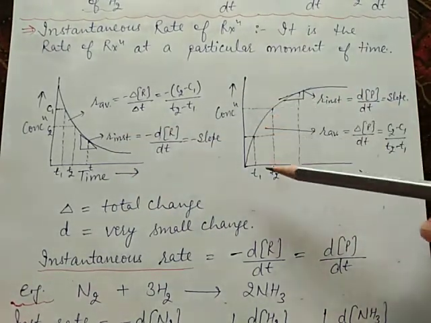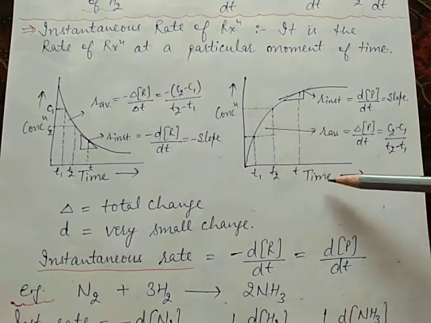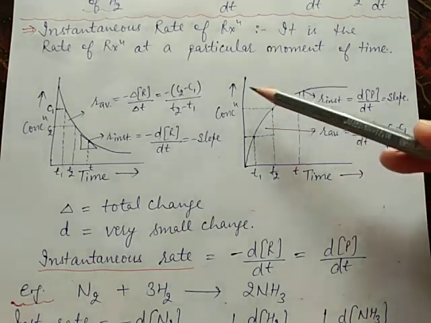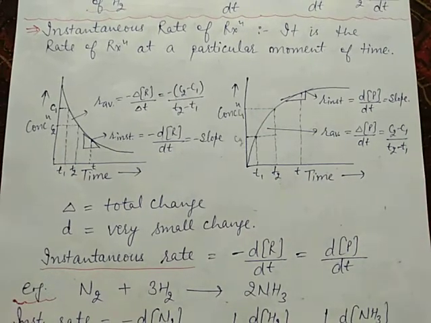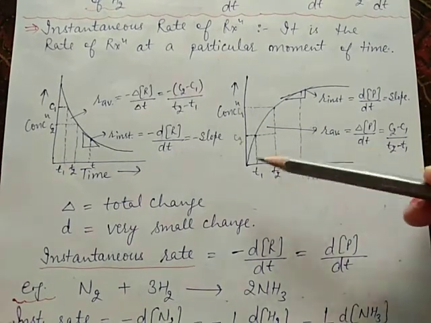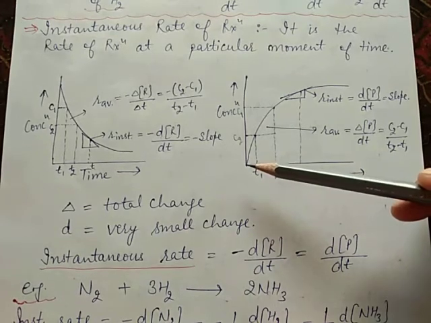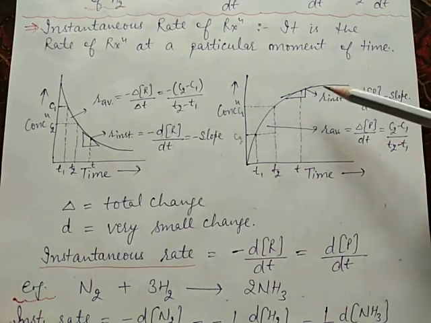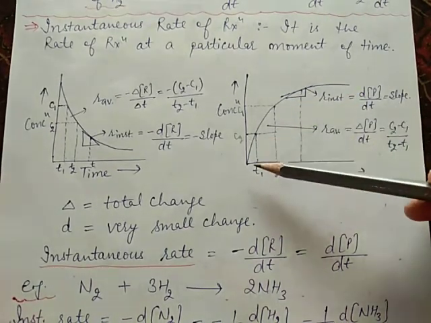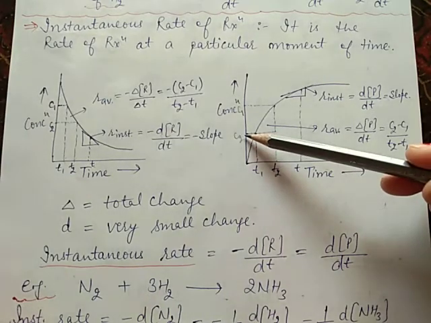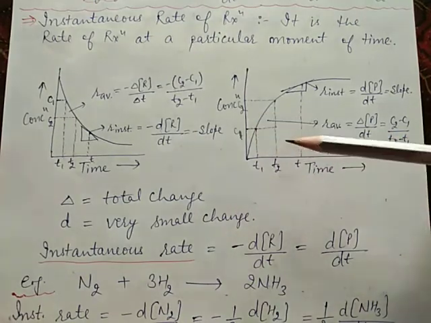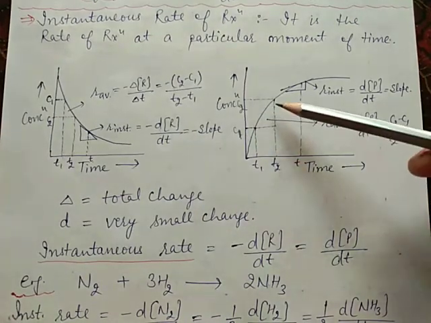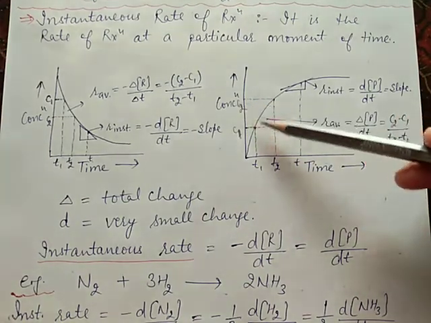Same, we plot the graph of concentration versus time of product. Concentration of product increases with time. At time T1, concentration is C1. At time T2, concentration is C2.